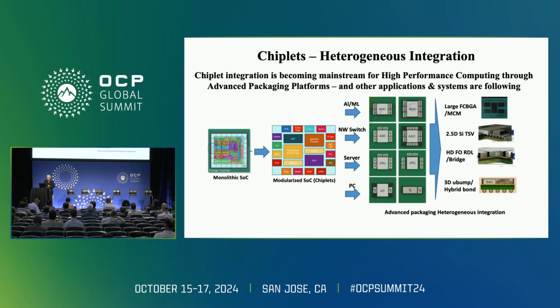So chiplets is heterogeneous integration in its very, very important form today. And you could see that we look at this from the point of view of a large multi-chip module, 2D and 3D, fan-out. Now we are looking at it in terms of hybrid bonding. These are the technologies that go into it.